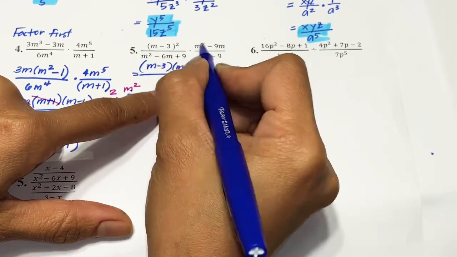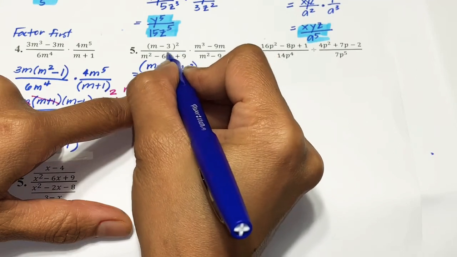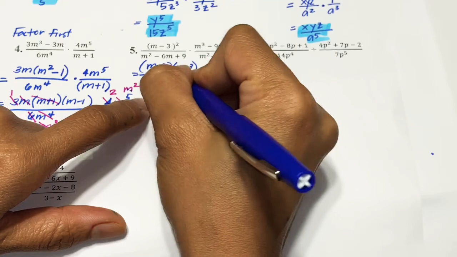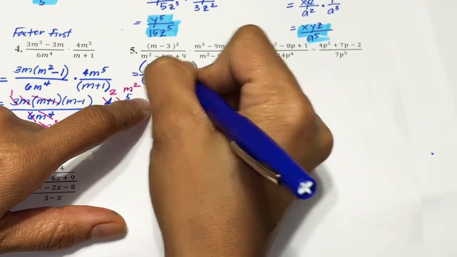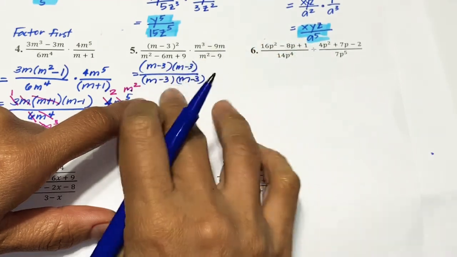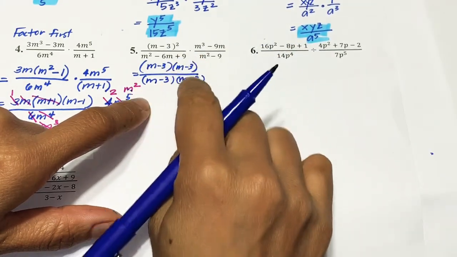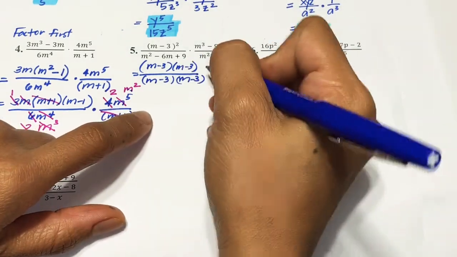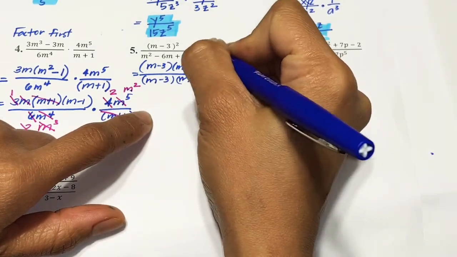So just ask yourself, what do you multiply to get 9 that sums to negative 6? That is 3 and 3, right? 3 and 3, negative 6 is negative, negative. Negative 3 times negative 3 is 9. Negative 3 plus negative 3 is negative 6. So we're going to leave it as is.